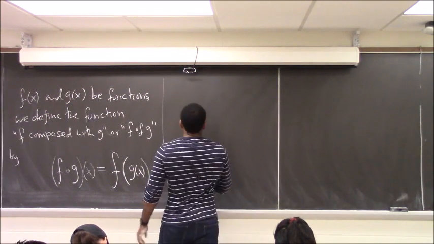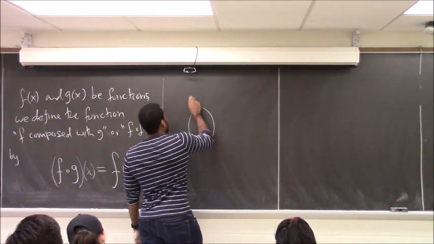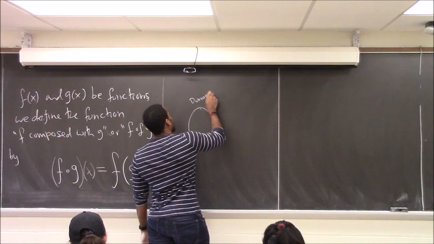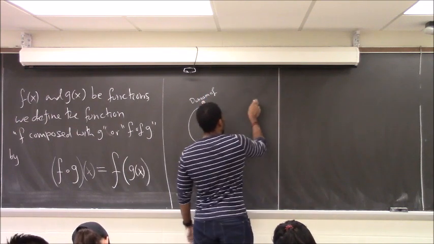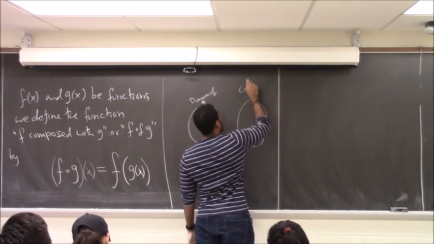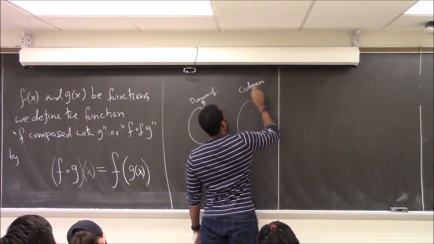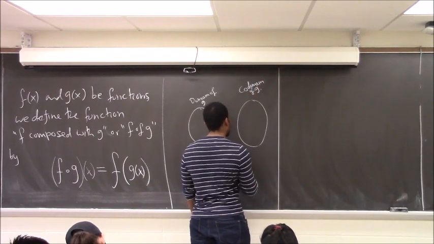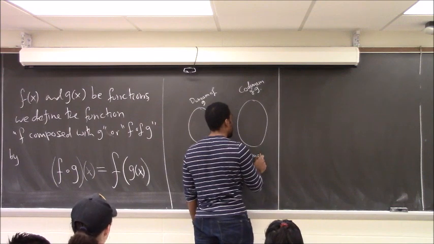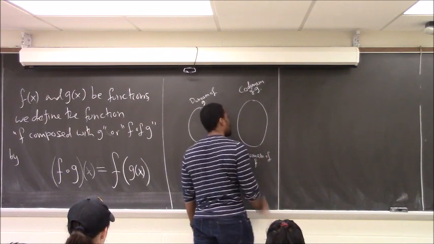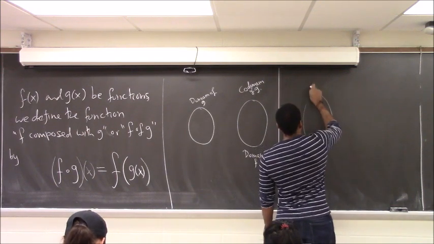So here you might have the domain of g, and here you will have the codomain of g. But at the same time, we can think of that as the domain of some other function. And then we can talk about the codomain of that function.